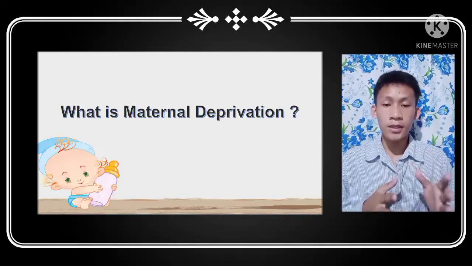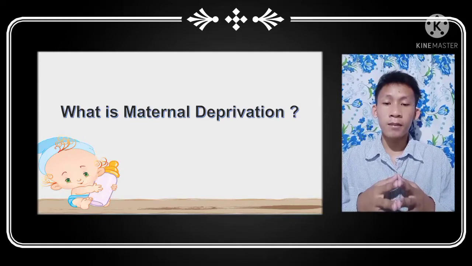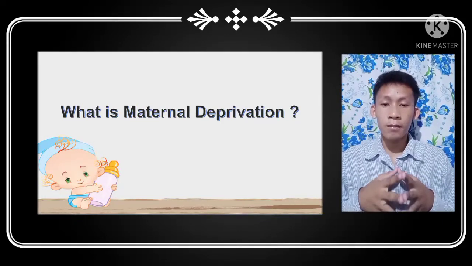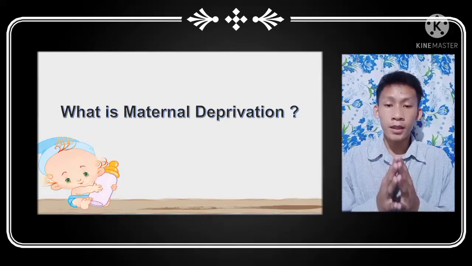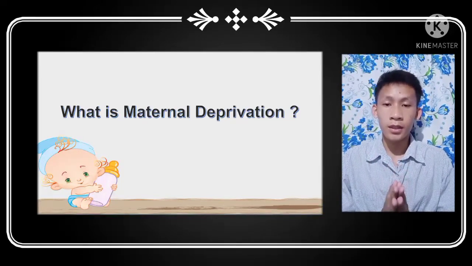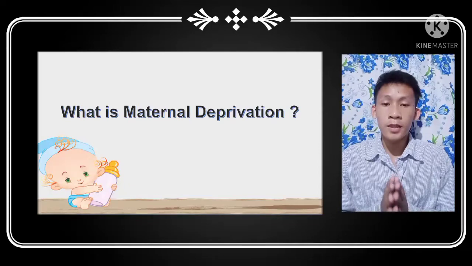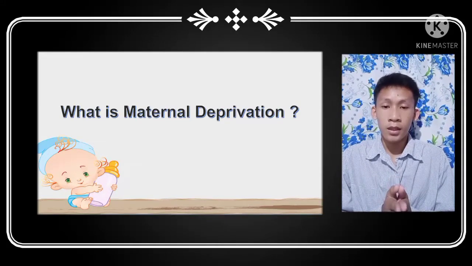And on the right side, the maternal deprivation occurs because the child was separated from his mother. It means that the child is alone. That is why maternal deprivation occurs if the mother is lost for years, months, or a long time.